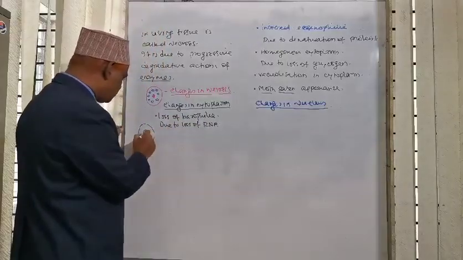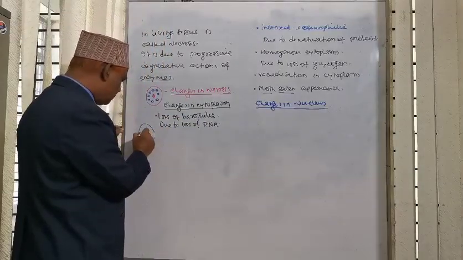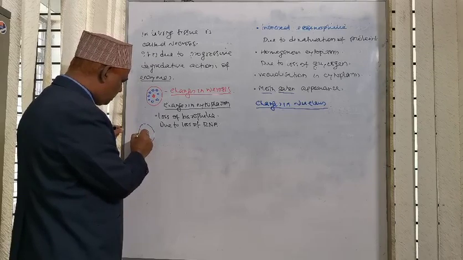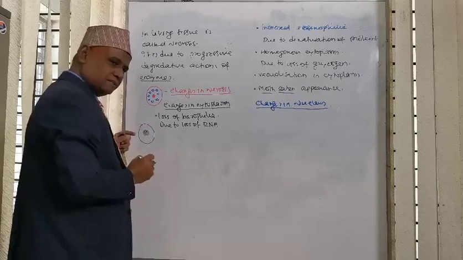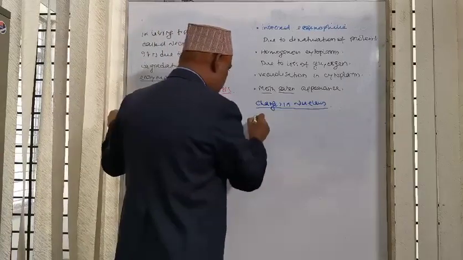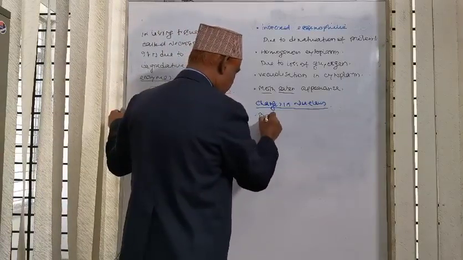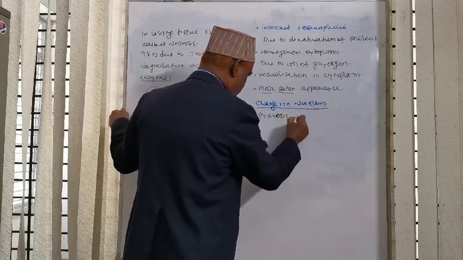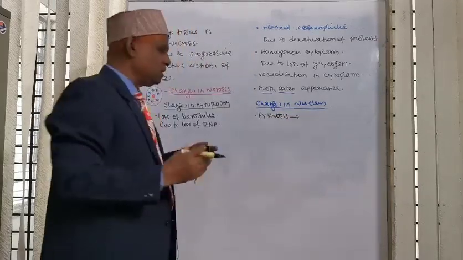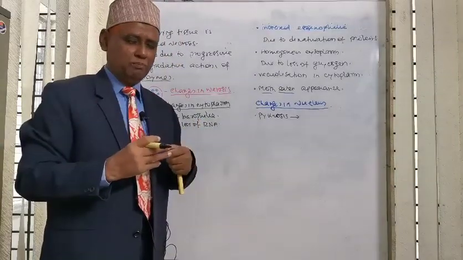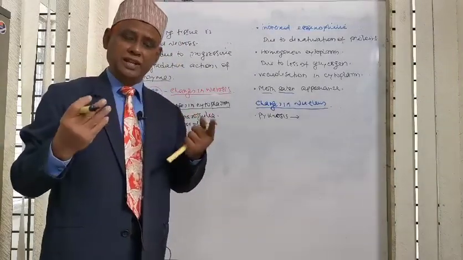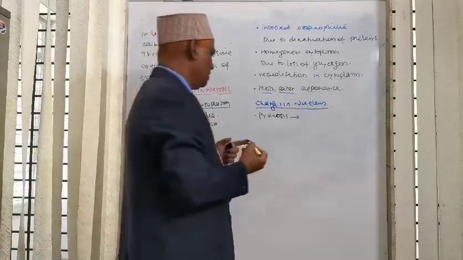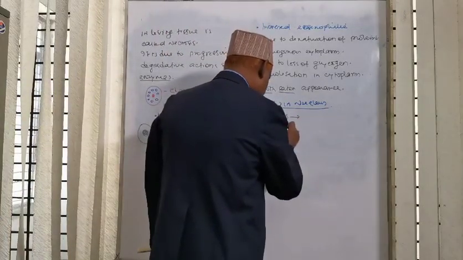If the chromatin undergoes condensation, the nucleus becomes smaller in size, and with condensation of chromatin, it becomes dark colored. So first is pycnosis of the nucleus. What does it mean? It means condensation of chromatin with shrinkage of nuclear size and darkness of the nucleus.